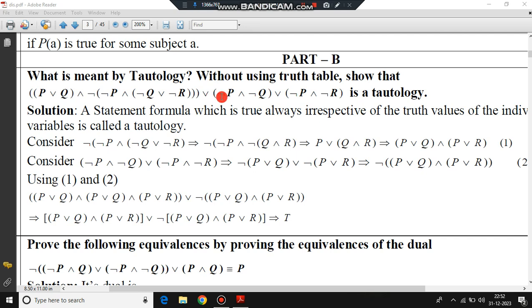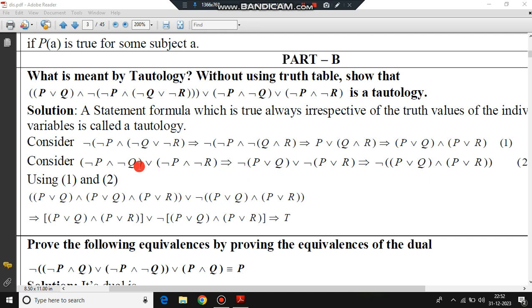That is what I have taken here: negation of P and negation of Q, or negation of P and negation of R. Again, by using De Morgan's law, negation P and negation Q is exactly equal to negation of (P or Q). Similarly, negation P and negation R, by De Morgan's law, you will get negation of (P or R).